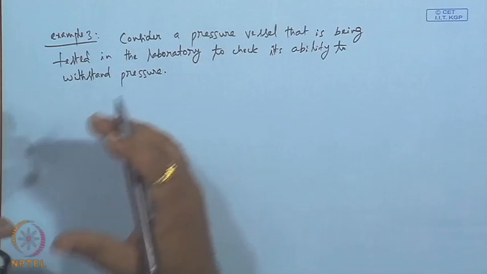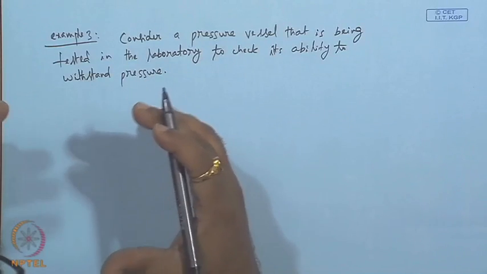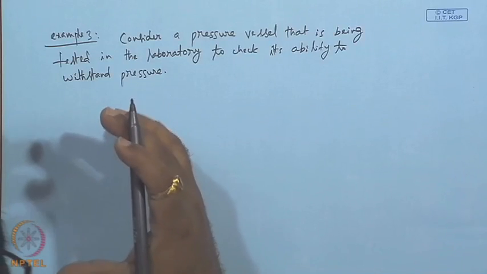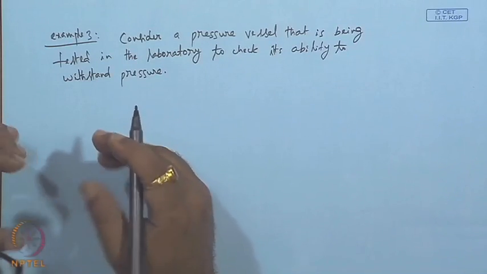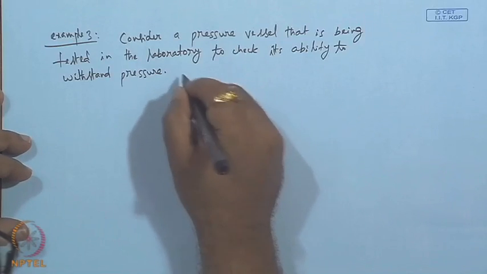So, there is a vessel. In this case we are going to define it as circular, and it is being tested to check its ability to withstand pressure.